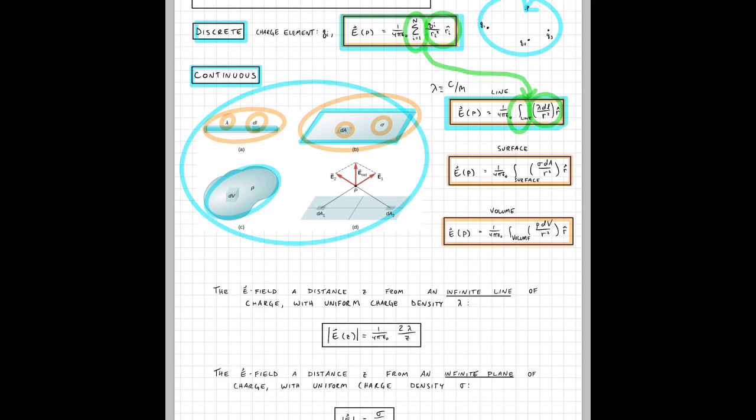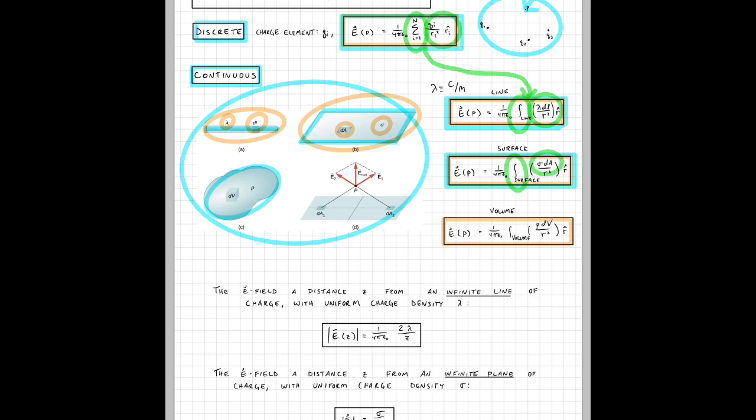And so when I do that, my expression turns into this, where I have, again, an integral, and now instead of lambda dl for the line, I have sigma dA for the charge element.